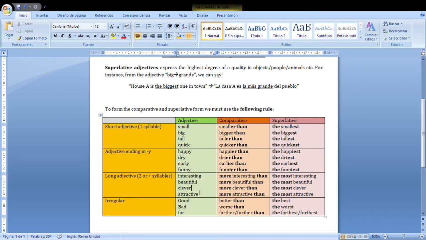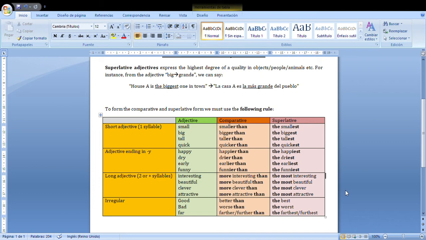Clever, 2 syllables. Attractive, 3 syllables. This is even easier than the 2 previous cases. We just need to add more before the adjective, and then, as always, than. So interesting turns into more interesting than.